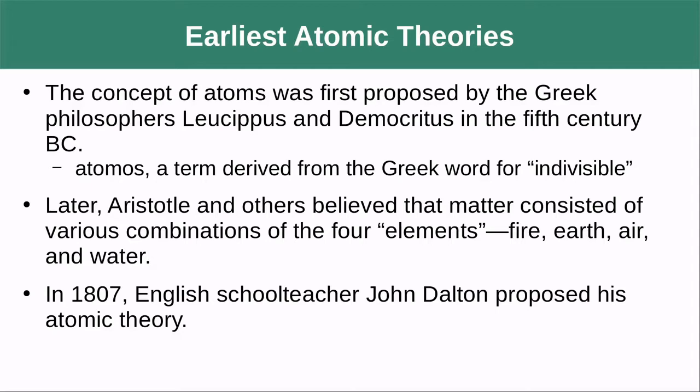They theorized that at some point you would wind up with a piece that was so small that when you cut it in half, it would no longer have the properties of lead. They were on the right track, but this wasn't really formalized in any way until 1807 by an English school teacher named John Dalton.